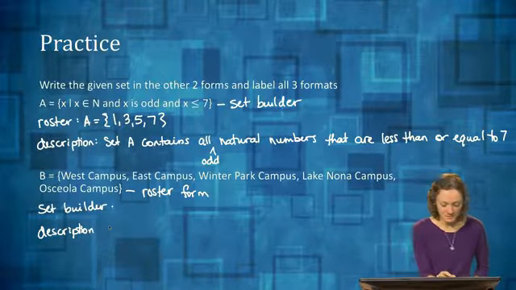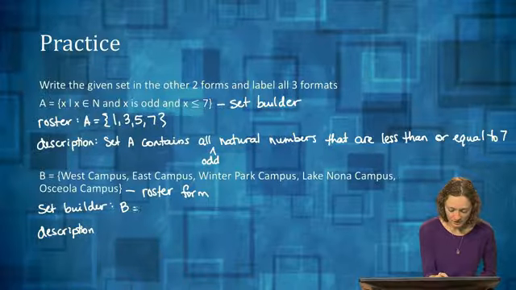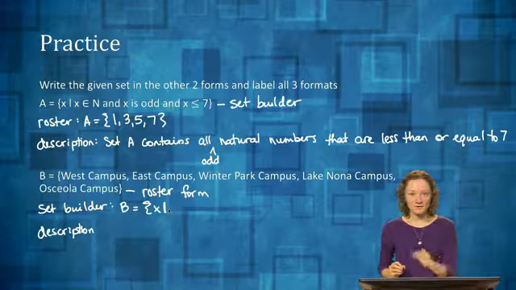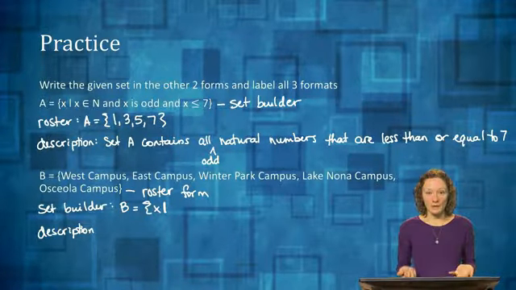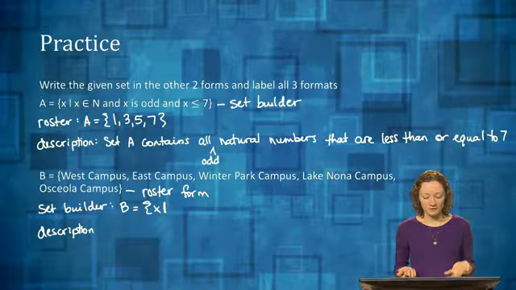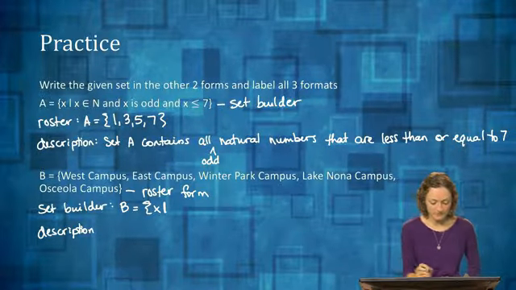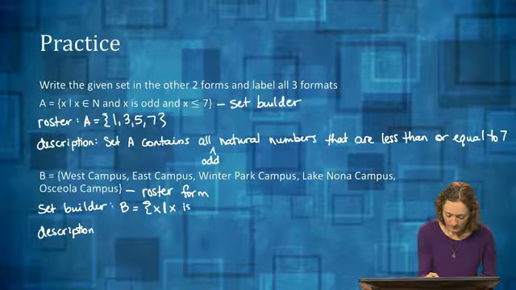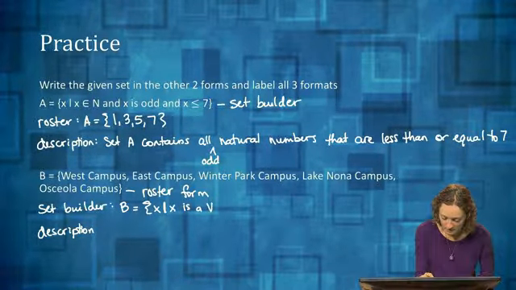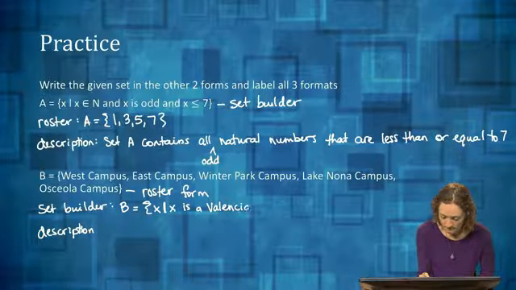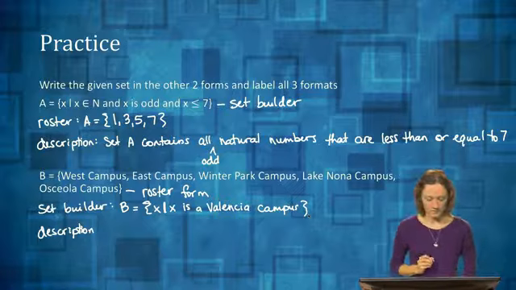The set name is B. Always start there, equals. This part always looks the same, X, line, and then we fill in the conditions. This is the piece that will vary from problem to problem. So what is a condition for it to be a member of this set? X is a what? They're all Valencia campuses. All right.